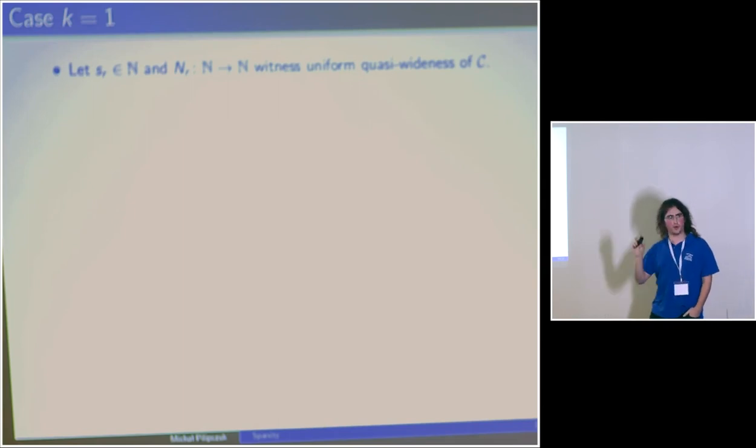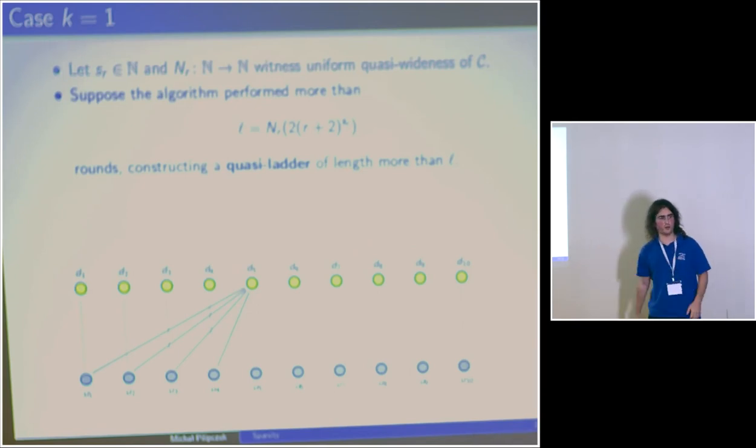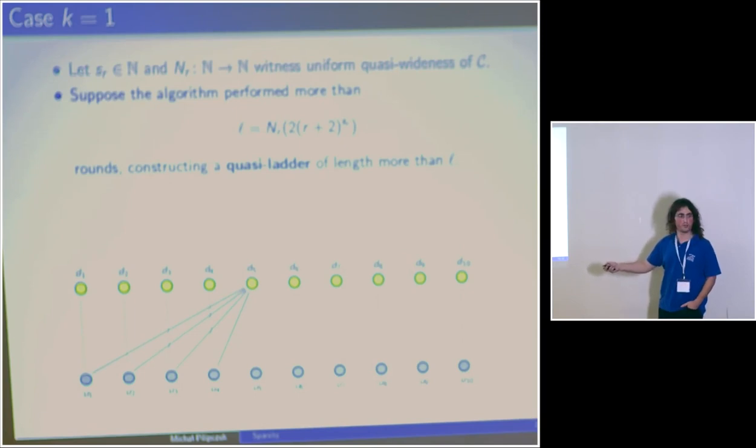Let me fix the constant and function from the definition of uniform quasi-wideness, and suppose that my algorithm proceeded for very many rounds, creating this structure that I will call a quasi-ladder of length L. So we have many pairs d_i, u_i, which are vertices found in consecutive rounds. For every pair, d_i doesn't dominate u_i, but every d_i dominates all the previous u_j's.